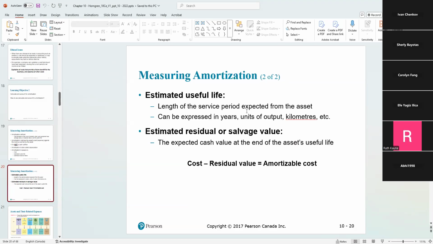That can be expressed in years. It can be expressed in units that the asset can produce. It can be expressed in kilometers that the asset can travel. Then we have to calculate what will be the value at the end of the useful life of this asset.